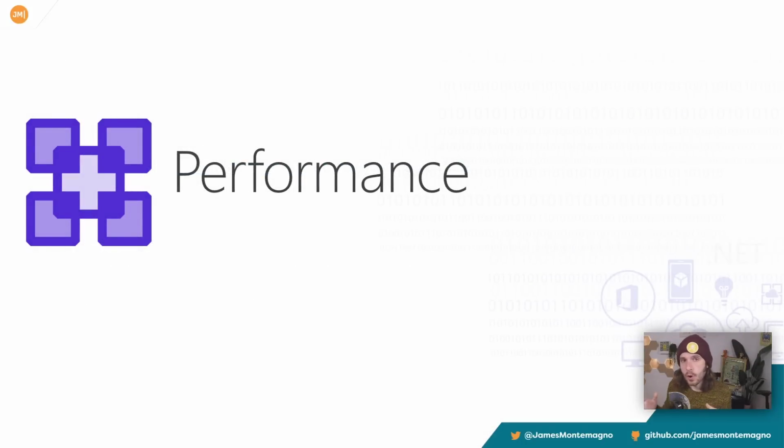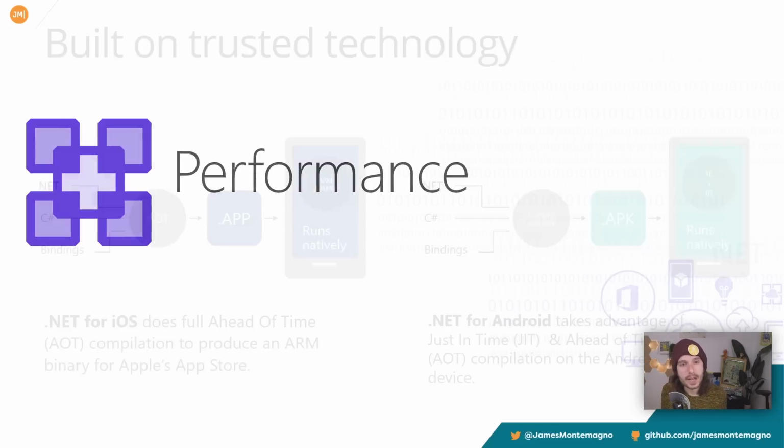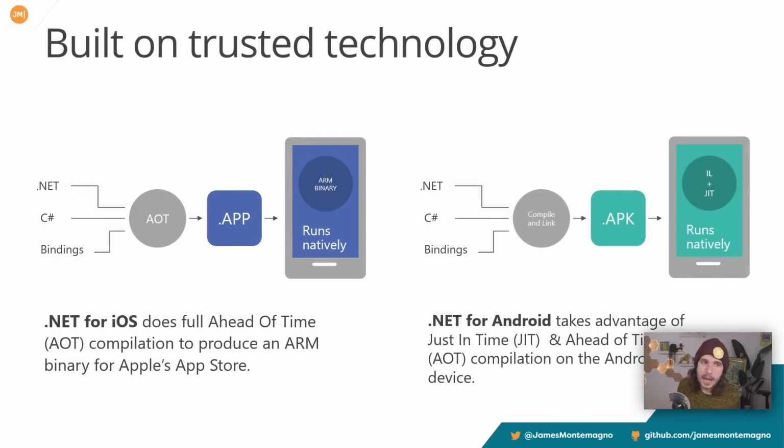Now let's talk about performance. We talked about how the UI looks. We talked about the APIs, but what about the performance? Because you want your apps to look and feel great, but also be performant and optimized for size on the different platforms. .NET MAUI is built on trusted technology. What I mean by that is that the layer there for iOS, Android, and Mac is iOS, Android, and Mac for .NET.